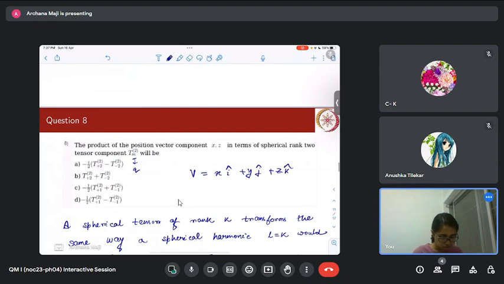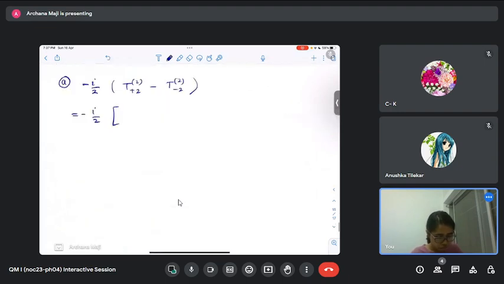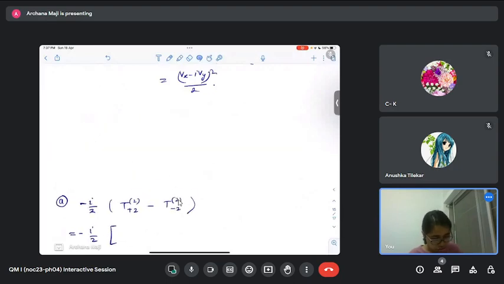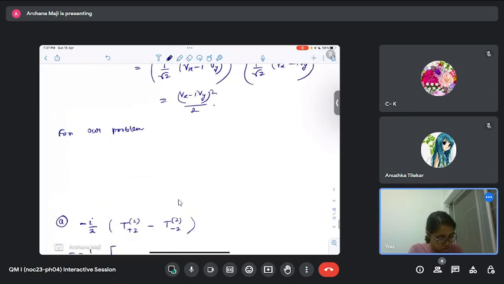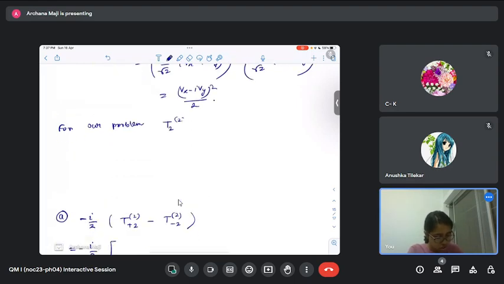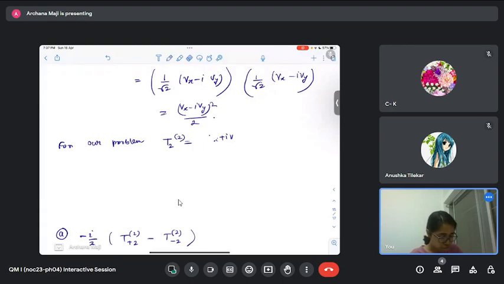So for our problem, T2 plus 2 is nothing but x plus Iy whole square by 2, that is x square minus y square plus 2Ixy by 2.